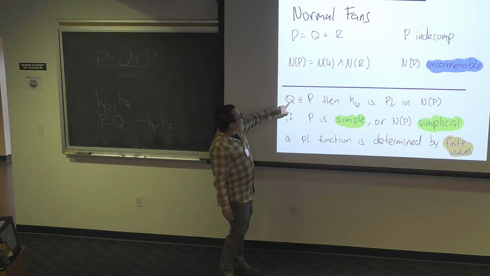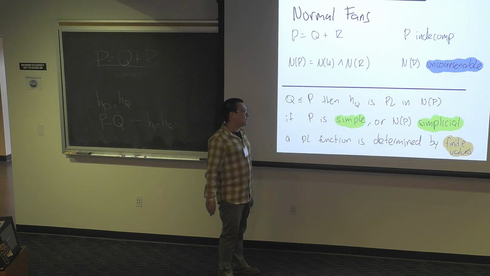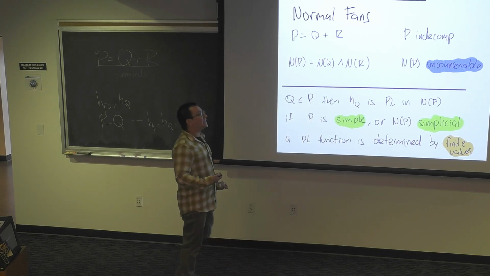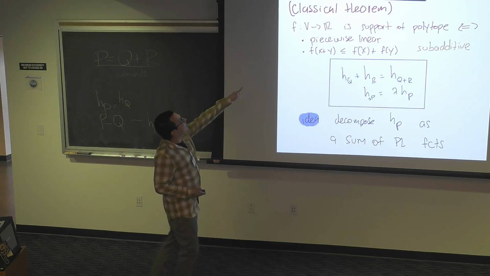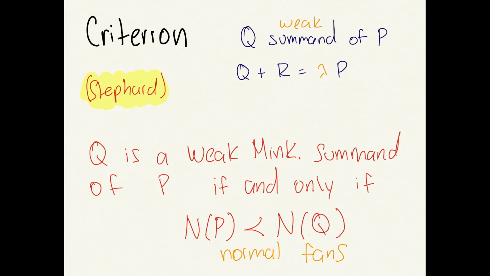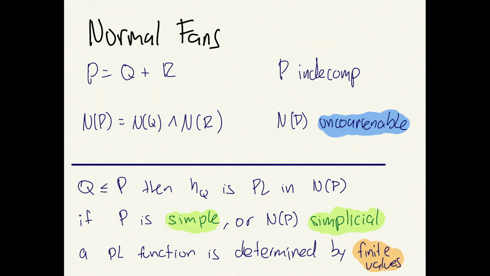Because of that theorem, if Q is to be a weak Minkowski summand of P, then the support function is piecewise linear on the same fan. So here I'm saying piecewise linear somewhere. There are some pieces where the function is linear, but now, because of this theorem, I can say there are some pieces where the support function of P is linear, and I can think of the support function of Q being linear on the same pieces. It's part of the same fan. Okay, that's good.